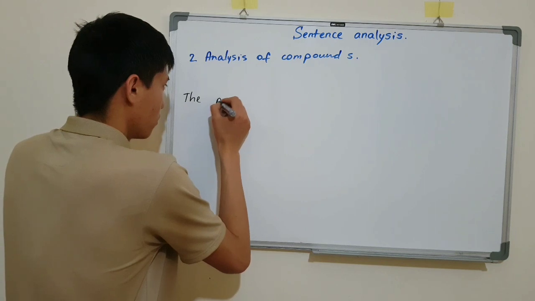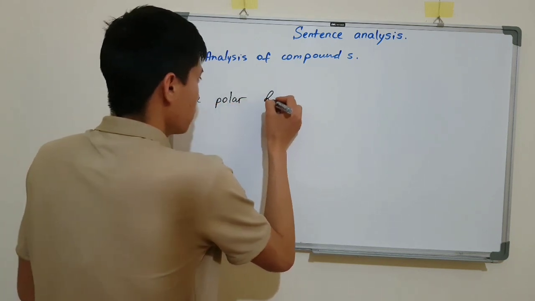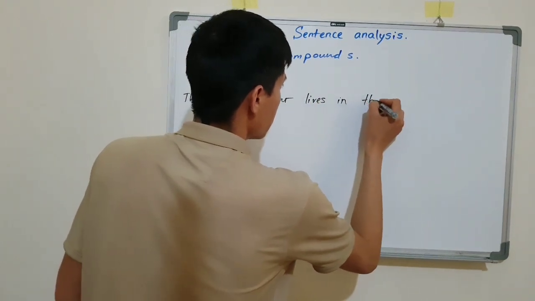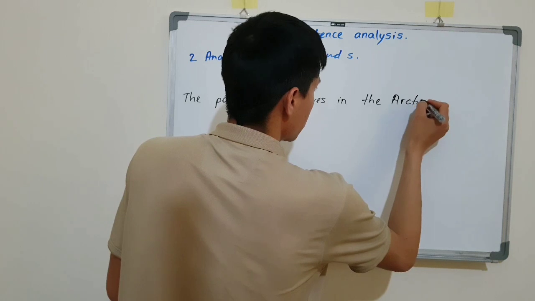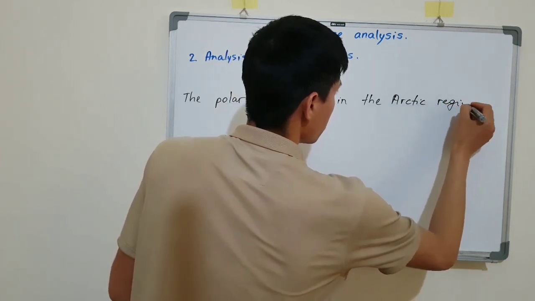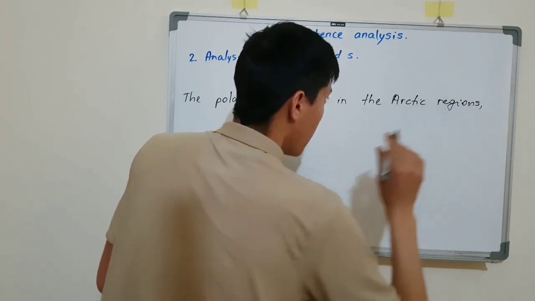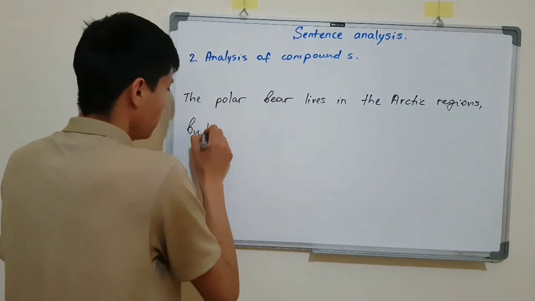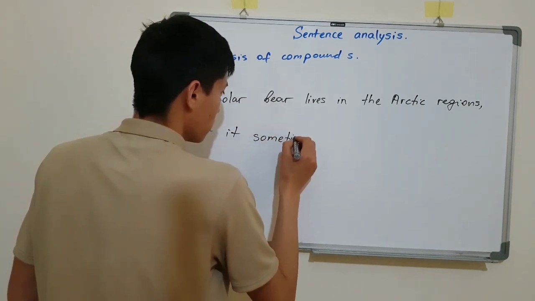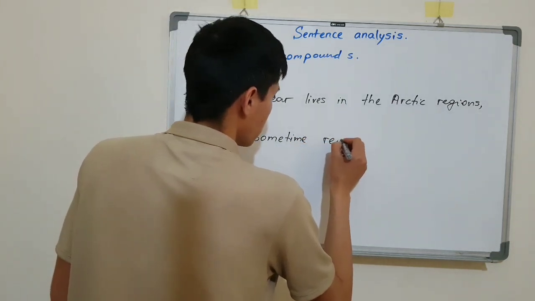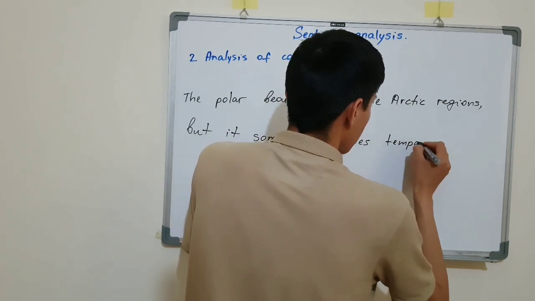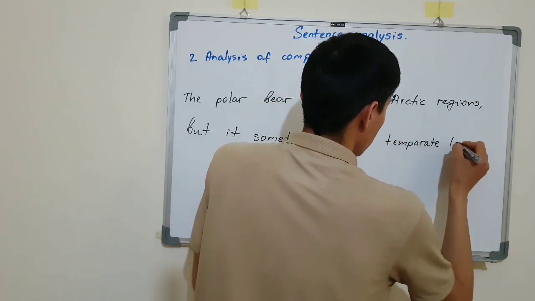The polar bear lives in the Arctic regions. But it sometimes reaches temperate latitudes.